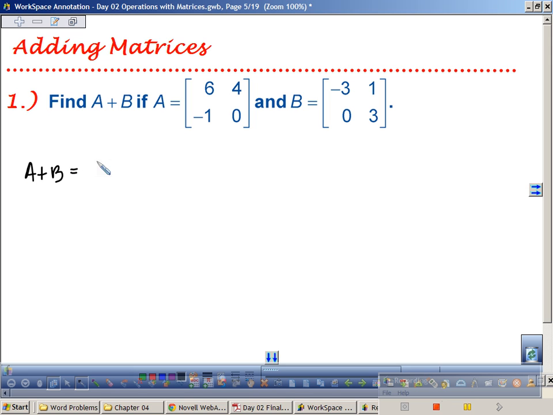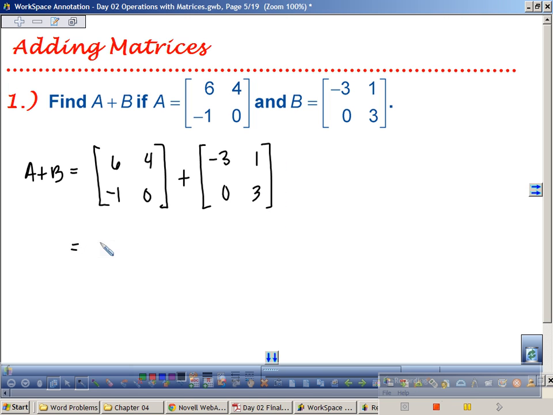A plus B equals 6, 4, negative 1, 0, plus negative 3, 1, 0, 3, equals 6 plus negative 3, negative 1 plus 0, 4 plus 1, and 0 plus 3.